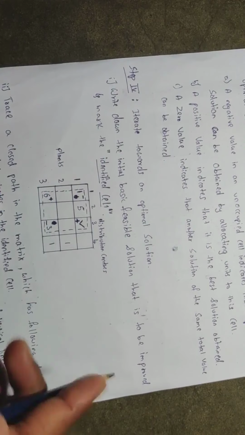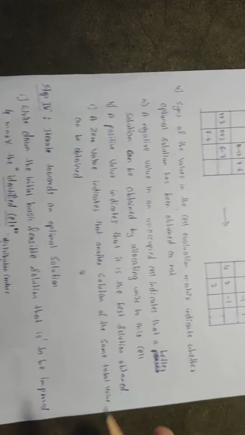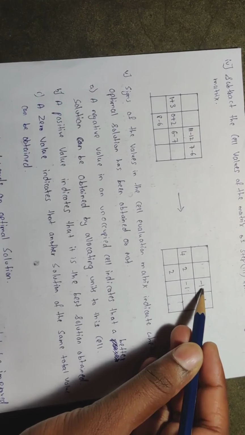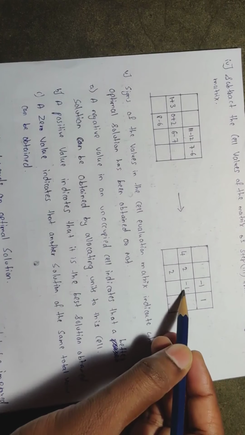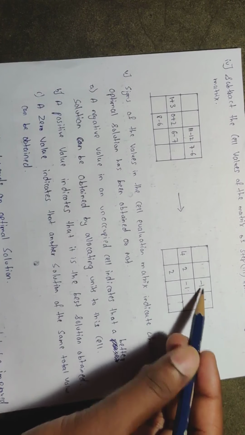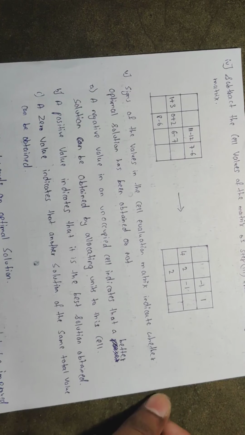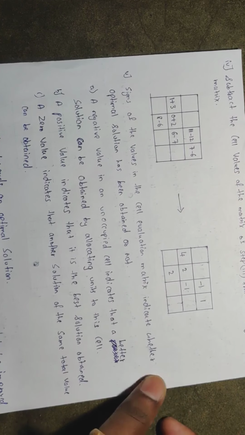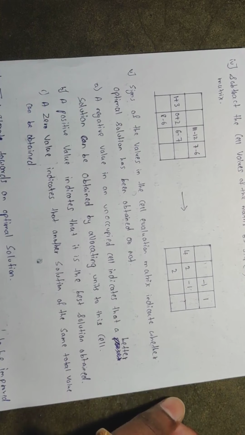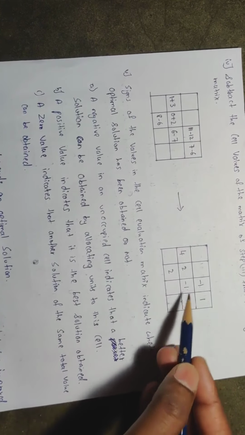So the same thing I'm going to allocate here. Now the two negative values are in the first row, third column, and the second row, third column. Among these two, you have to identify one cell, which is very important, and that is called the identified cell. How are we going to identify which one is best?